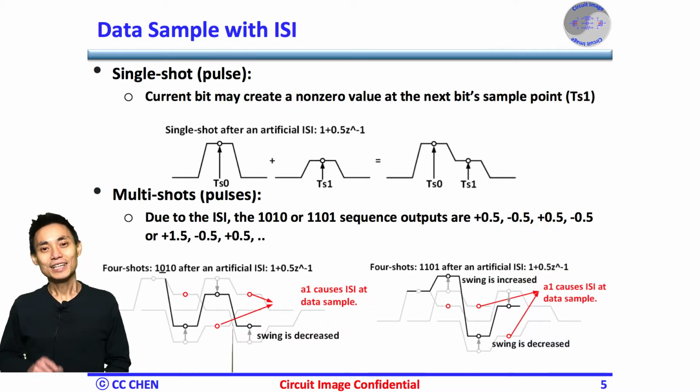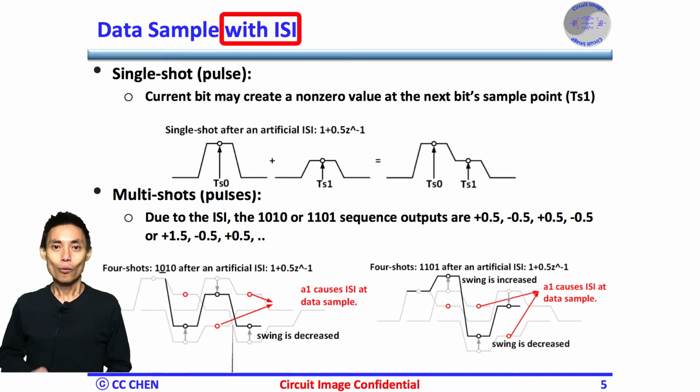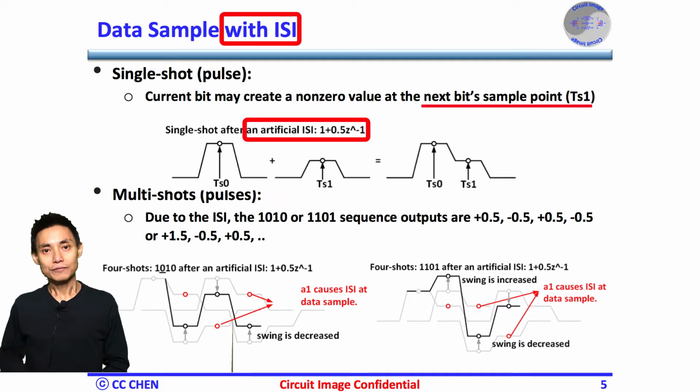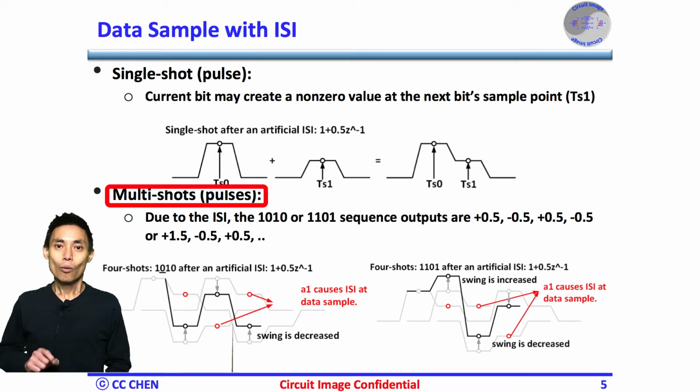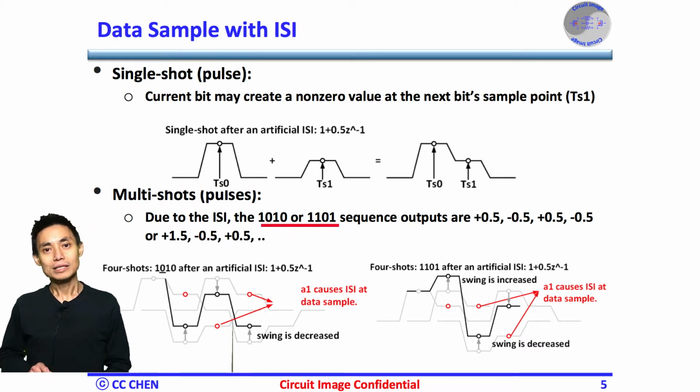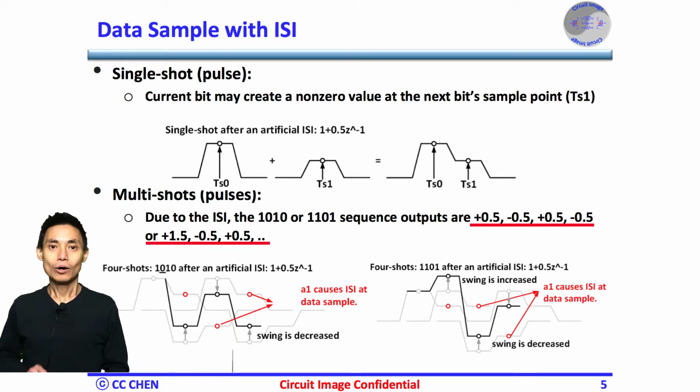On the other hand, if the single pulse is fed through a lossy channel with the first post cursor, which is artificial ISI, the current bit may create a non-zero value at the next bit sample point TS1. For a multiple-pulse 1010 or 1101 pattern, the data sample will be plus or minus 0.5 or plus or minus 1.5.